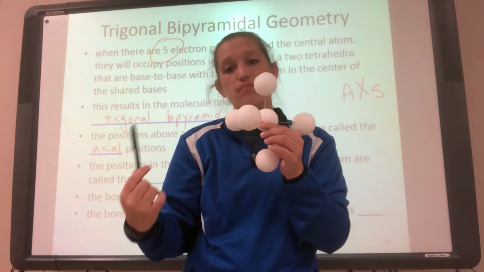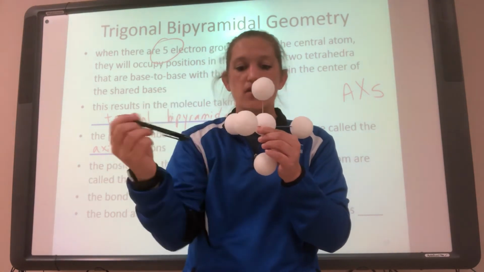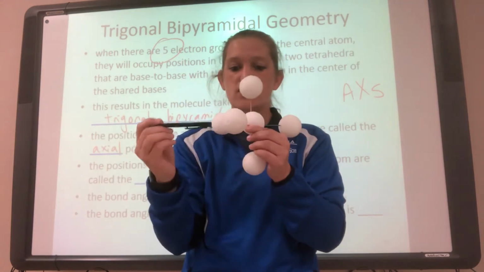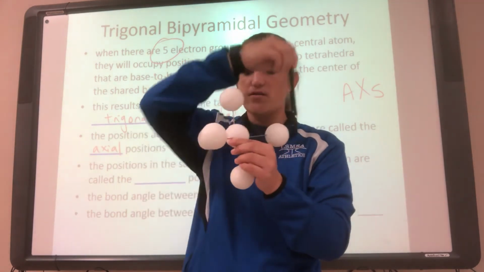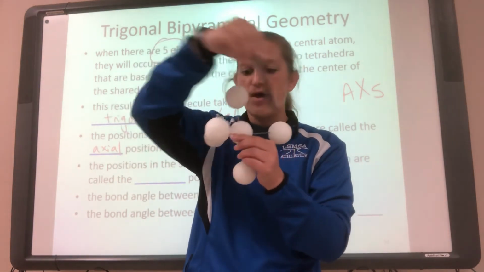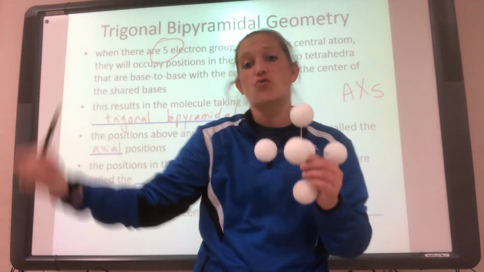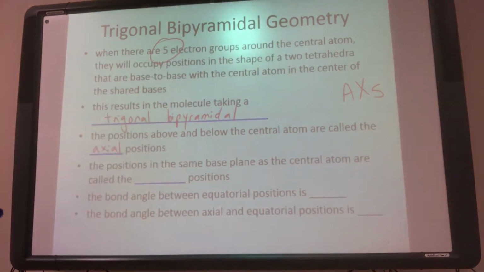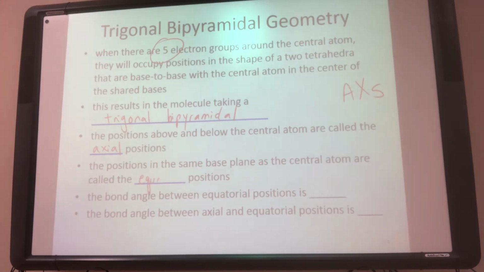Think about if I'm talking about the globe, the equator goes from left to right. So these are kind of like the equator line going around my molecule. So these are in the equatorial position.